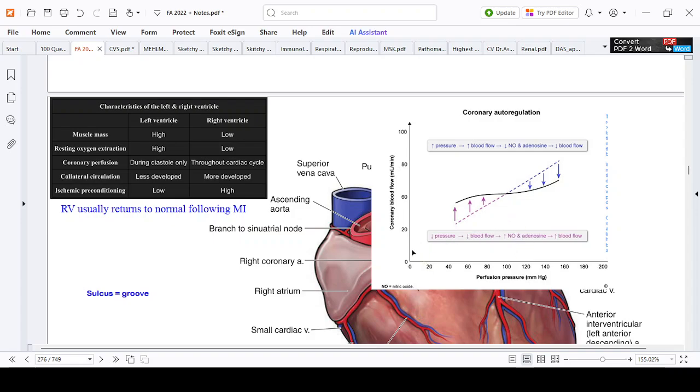Remember, when the coronary blood flow is low, nitric oxide and adenosine are released, and the blood flow is increased. In case the coronary blood flow is high, then the amount of these two will decrease, and that will lead to decreased blood flow.